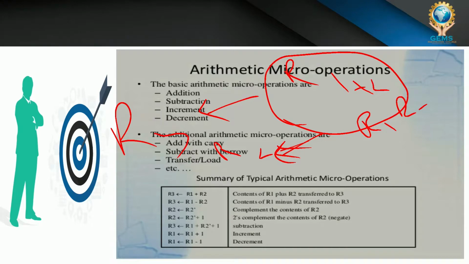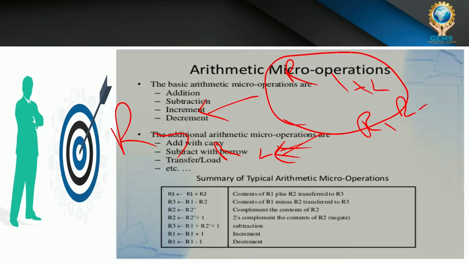So what we have seen till now: subtraction, addition, increment, decrement. The mnemonics are given here, notations are given here, numeric numbers are given here. Each and every mnemonic, notation and symbol has a special purpose, which is also mentioned. I explained it clearly on this slide.